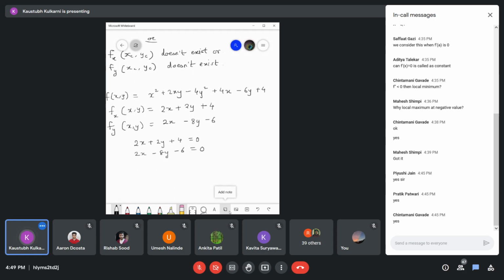You have only two equations. So let's say this is 1 and this is 2. If I perform 1 minus 2, it will be 10y equal to minus 10, and y equal to minus 1.